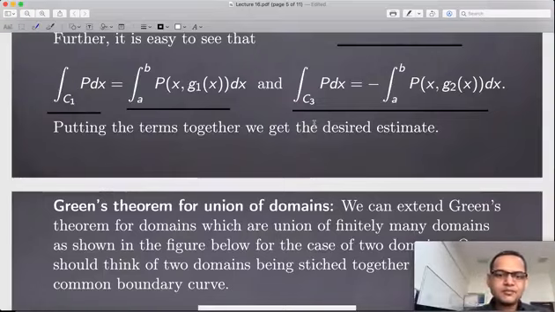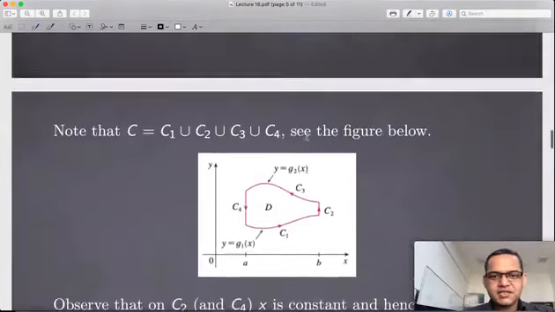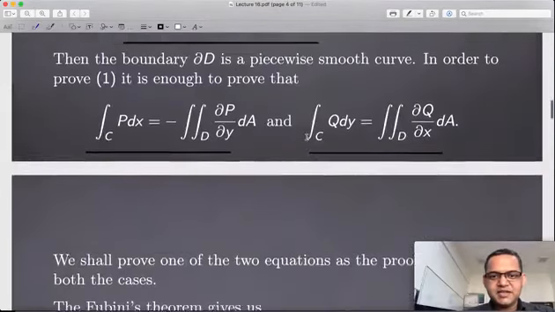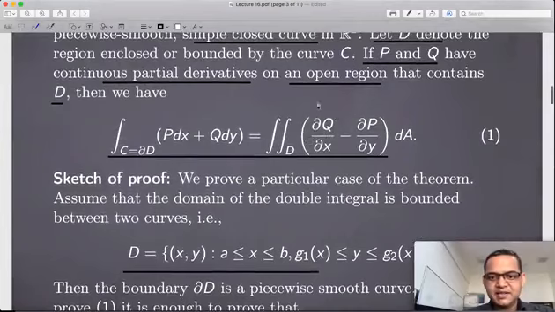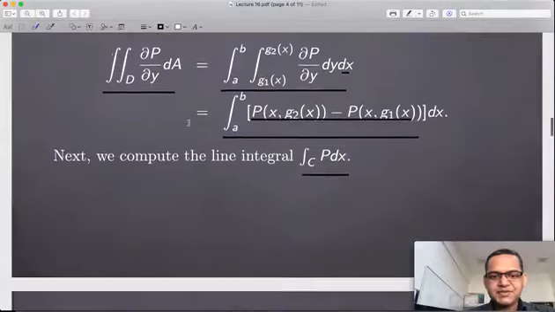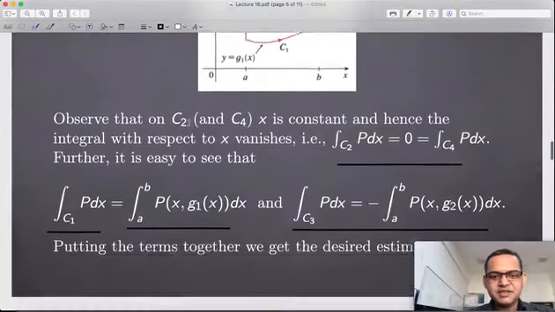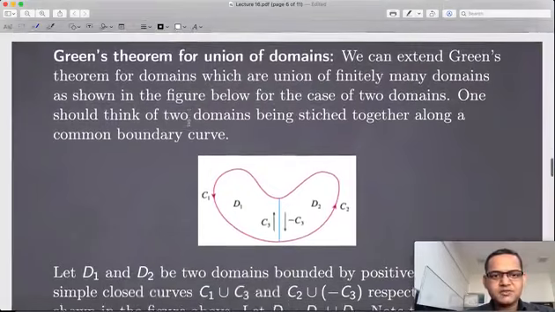All right. So this is a situation where we can relate a double integral over a nice domain enclosed by a simple closed curve with positive orientation with a line integral. Now we can have situations which are slightly more general, and then we want to talk about Green's theorem.